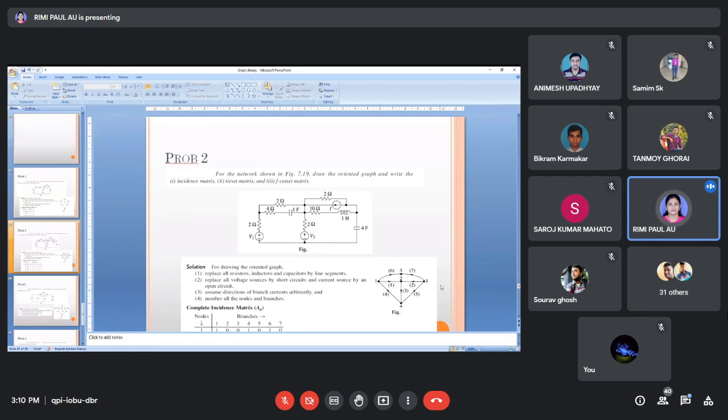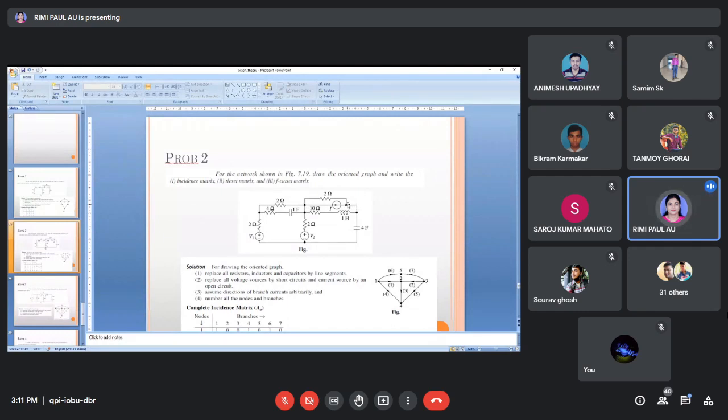So here you can see that whatever the branches we are taking, this voltage source is present, this voltage source is present, but here is current source. So number of nodes from this branch, you can see here 1, 2, 3, 4, but if I am not giving this one, then how to find out? Here you can see 3 branches are connected, so this is one node. Here also 3 branches are connected, so this is another node.